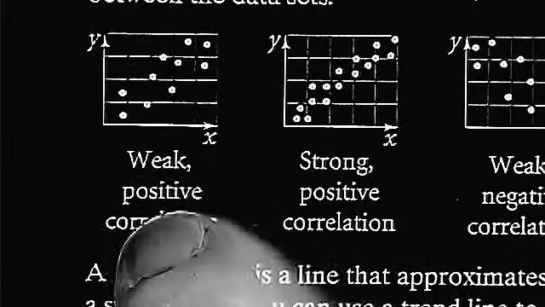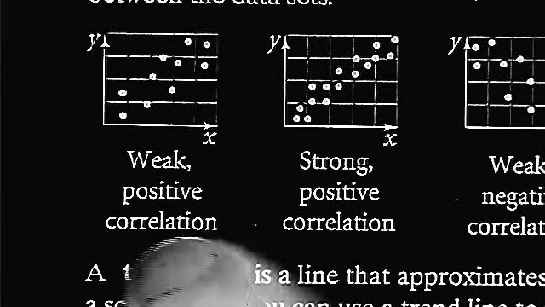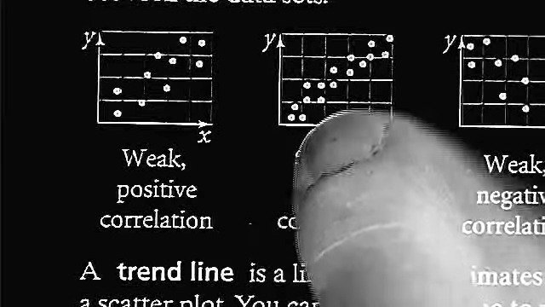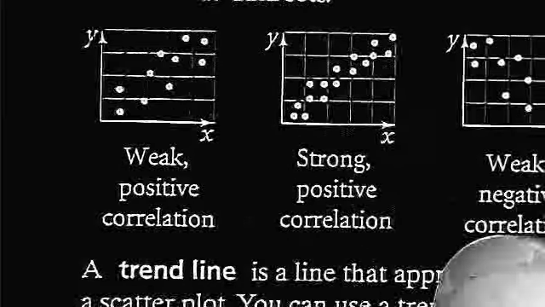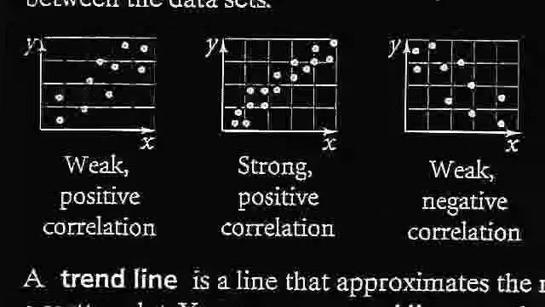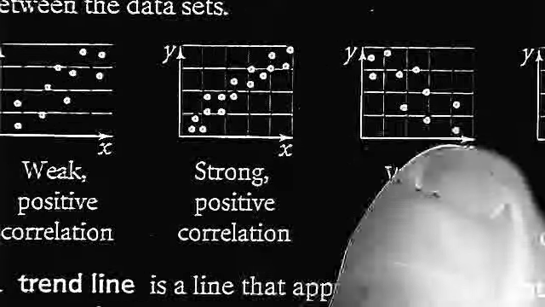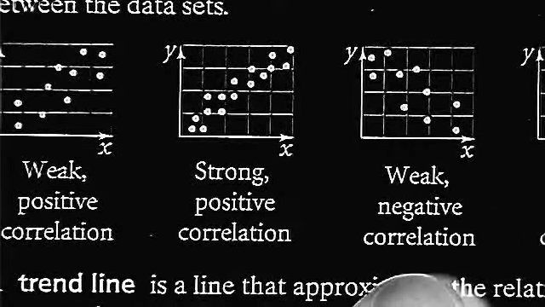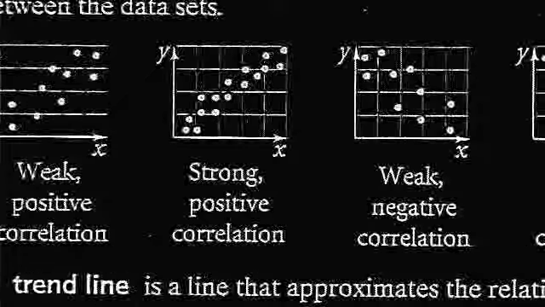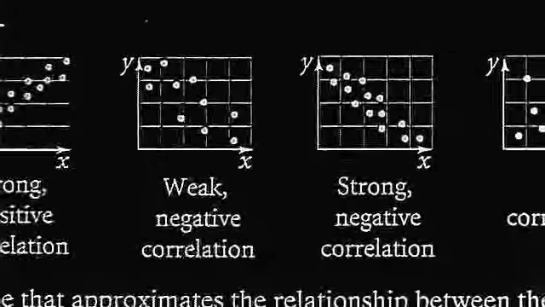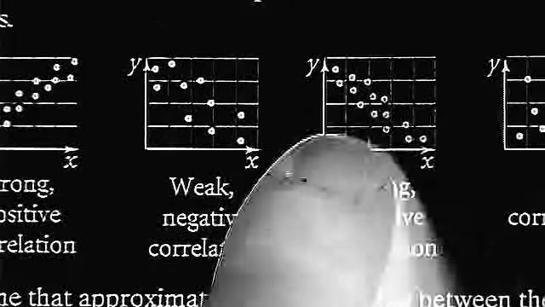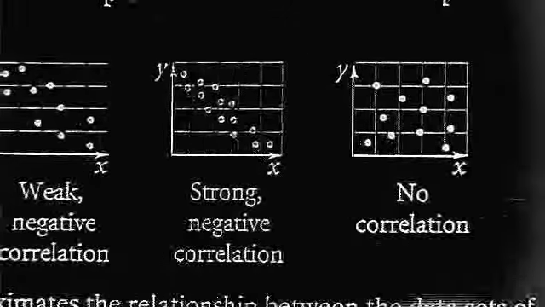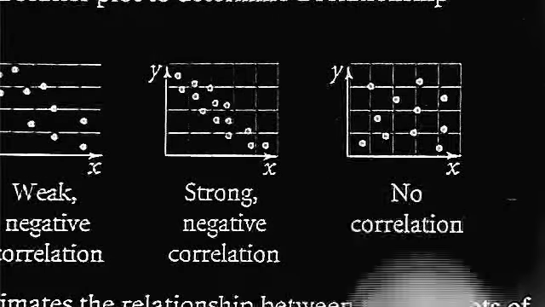So we call this one a weak positive correlation. But if the data is closer together, we call it a strong positive correlation. If the data looks like it's going in a negative direction, but it's not real close to the line, then we call that weak negative correlation. Or we could have strong negative correlation where all the points lie close to the line, or we could have no correlation at all where the data points are just all over the place.